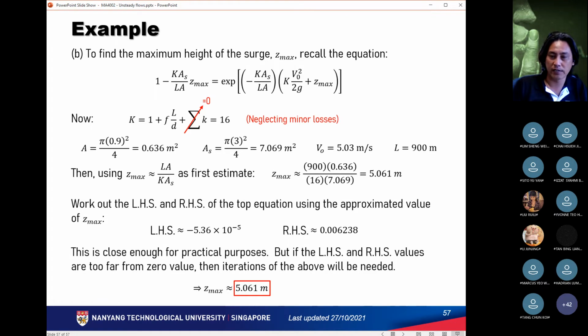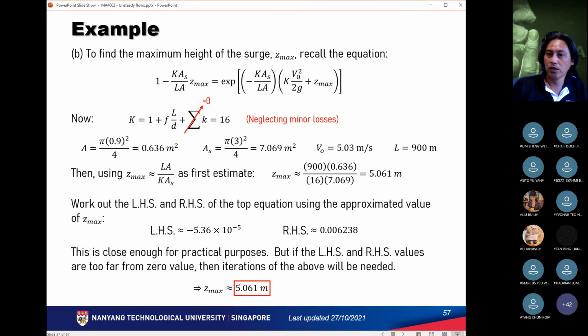You don't know how rusty the pipe is internally. Maybe there are some other valves here and there. Maybe there are some pipe reductions here and there that you can't really account for. So you say, look, I'll feel safer if I multiply this Zmax value by 2 and build a surge tank that's 10 meters tall instead of close to 5.06 meters, just to be on the safe side. That is a very common practice. It's part of the safety procedures; you always have some safety factor. You don't just use the exact numbers when it comes down to engineering.